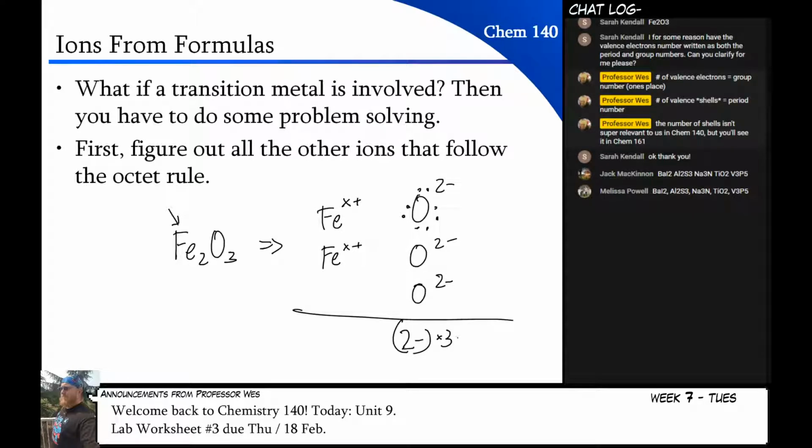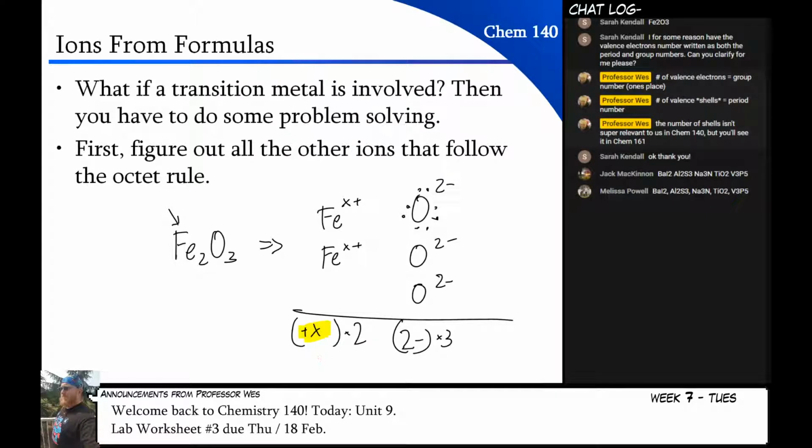I have -2 times 3 is my total negative charge. I have positive X times 2 for my total positive charge. What number has to go in the blank here? And so you should be saying, oh, okay, I understand how to do basic algebra.